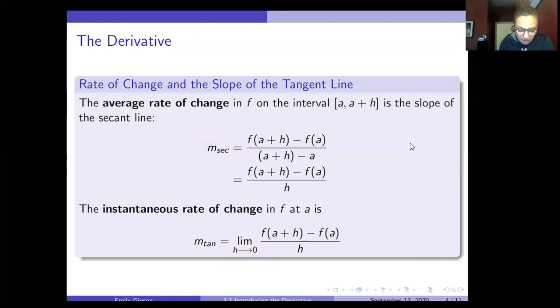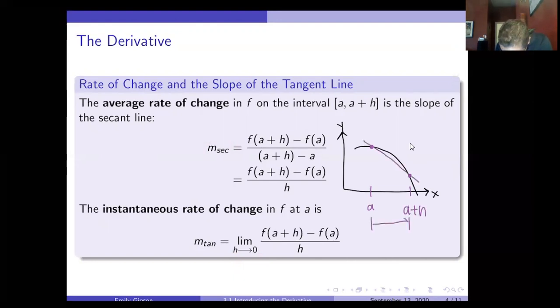So we're still talking about the distance between those 2 points. When the distance between them becomes 0. So we're interested in what happens there.